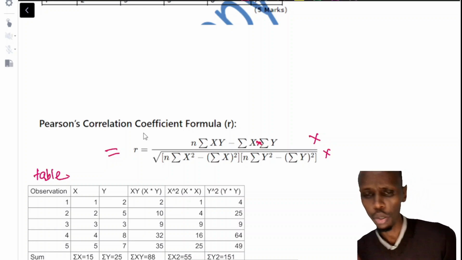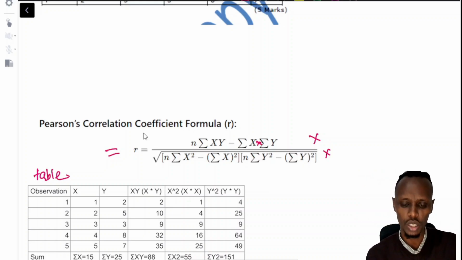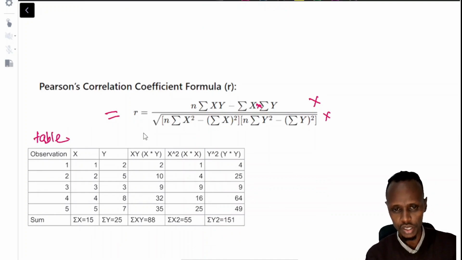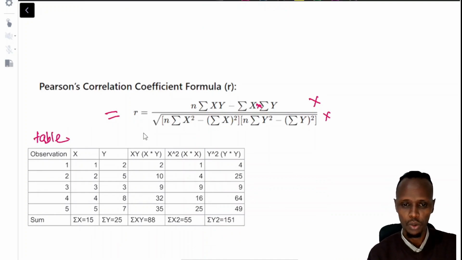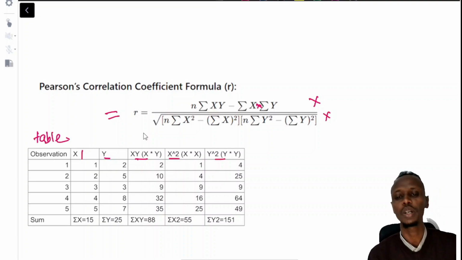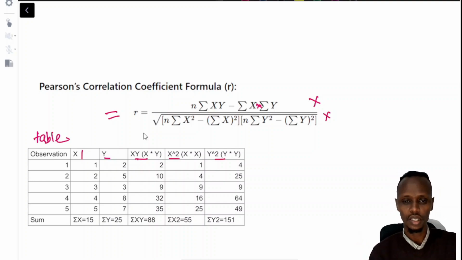So what we are supposed to do is first come up with x, come up with y, come up with xy, come up with x squared and y squared. Once you do that, we have 1, 2, 3, 4, 5. You just sum. The sum of x is equal to 15, right?